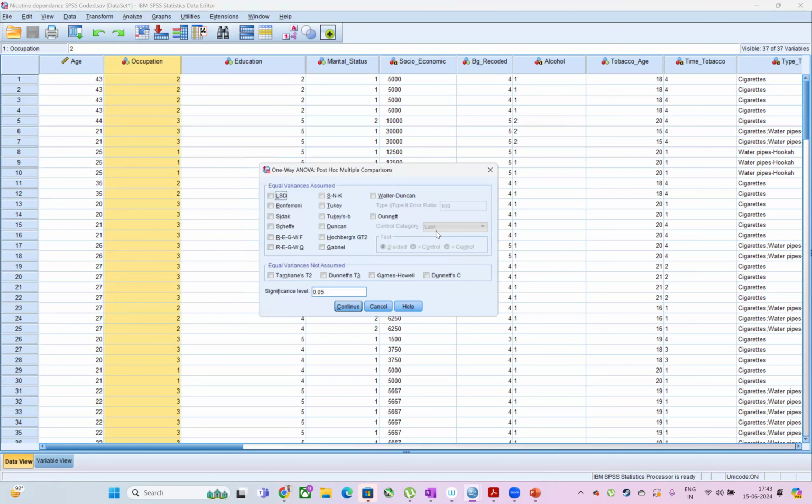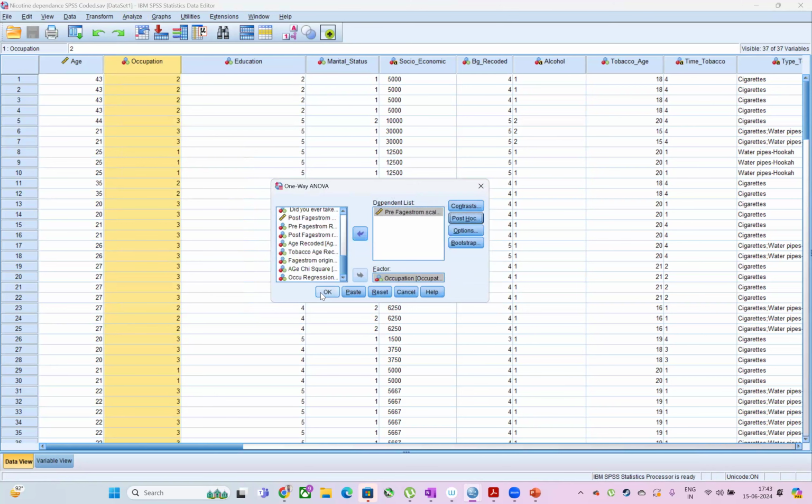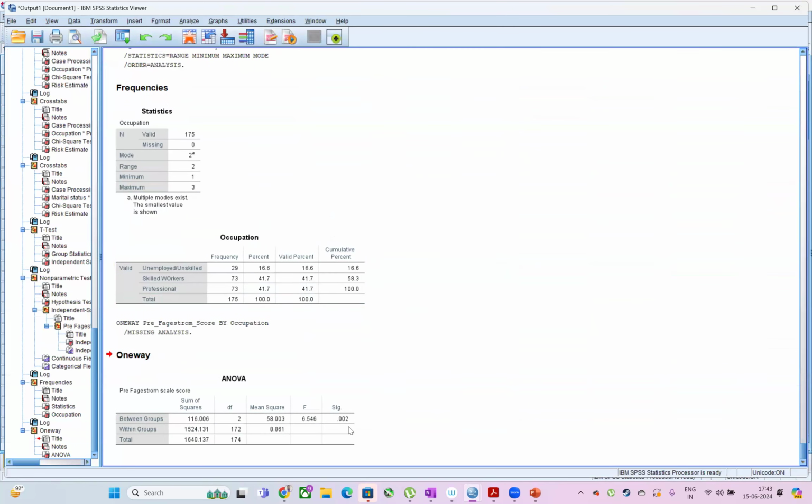We are not going to go into the LSD, Bonferroni and all. Now it is saying that it is statistically significant. So what I have done is wrong. I just hypothetically said that the nicotine dependent score is normally distributed.